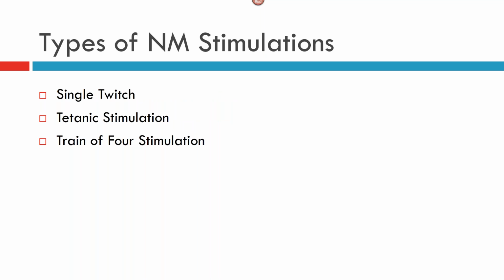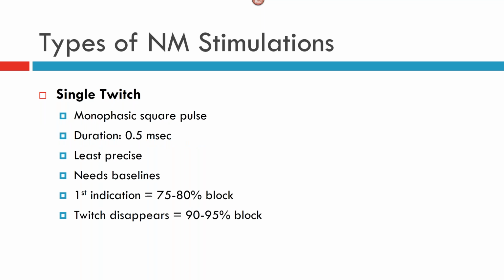There are different types of neuromuscular stimulators in the market. Only three are used: the first is called single twitch, the second is tetanic stimulation, and the third is train of four stimulation. The single twitch is, as the name says, a monophasic square pulse. The duration of the pulse is 0.5 millisecond.